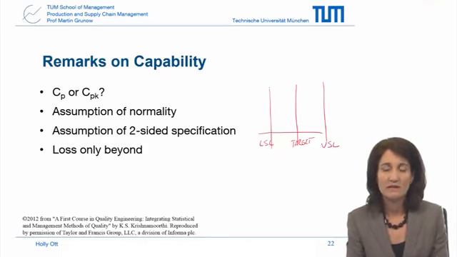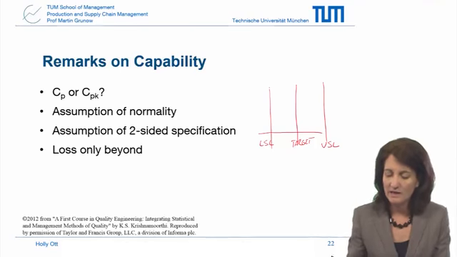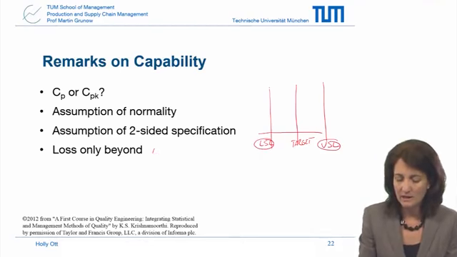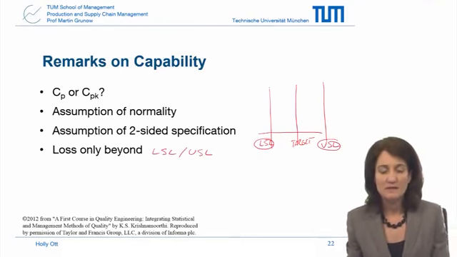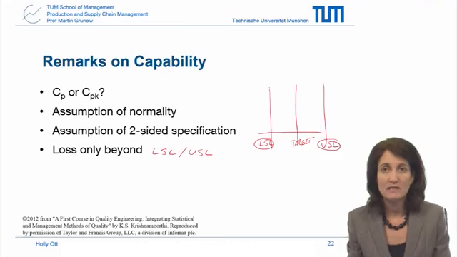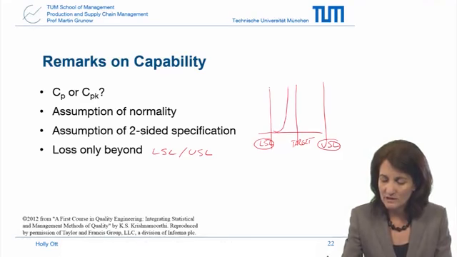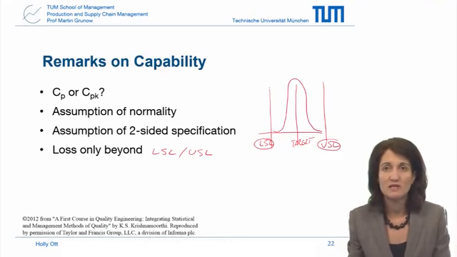Another drawback is that the loss is considered only beyond the LSL and the USL. The CP and CPK measurements consider that as long as the distribution is within the two specification limits, there's no issue, no loss.